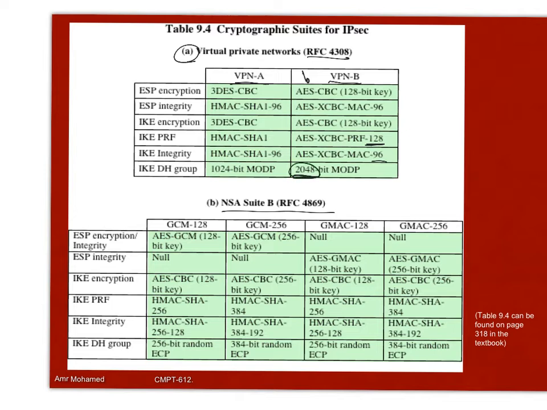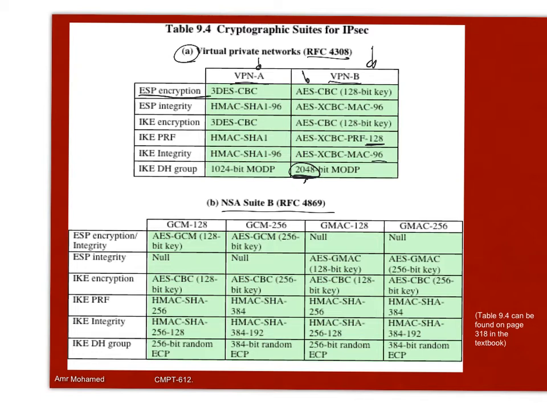For example, for the Diffie-Hellman group, they use a higher group. So the size of the public key in that case is 2048, which means that we use stronger security. So everything here uses similar or at least more efficient or stronger security compared to VPN A.